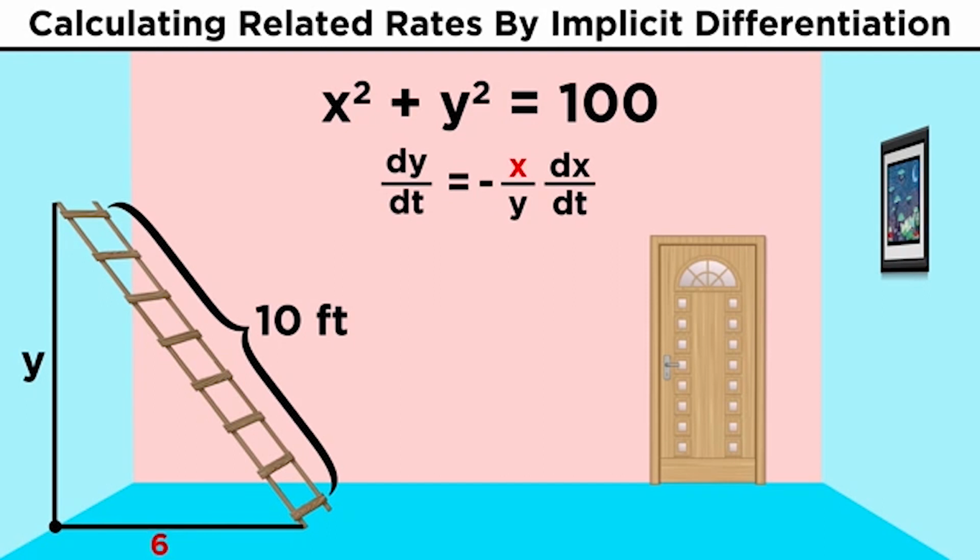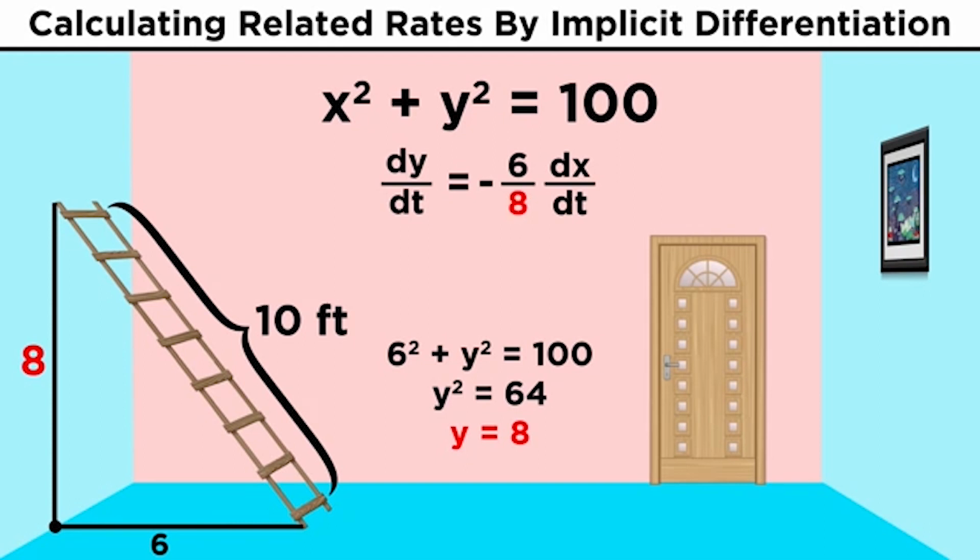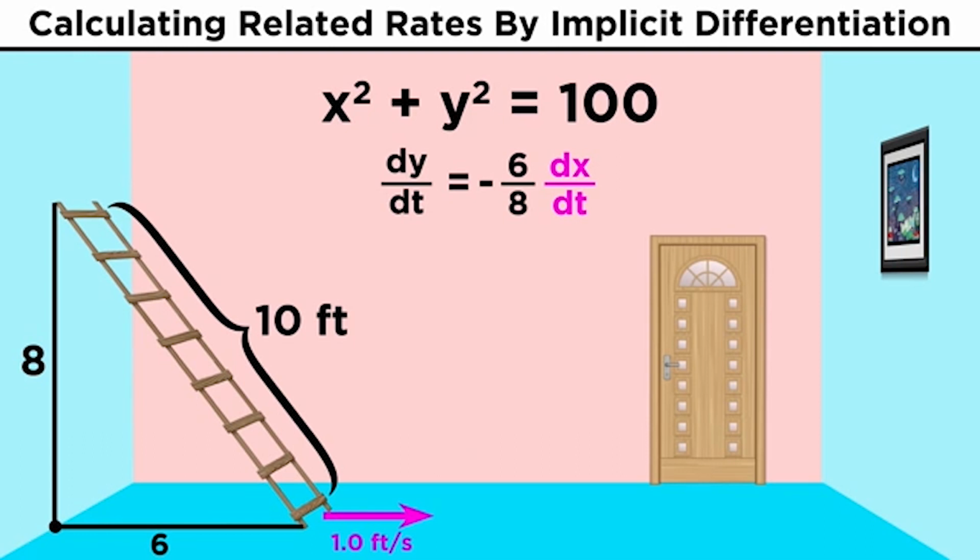We are asking about dy over dt when the ladder is 6 feet away from the wall. That means x must be 6. Then, by the Pythagorean theorem, we can solve for y at that instant, and that must be 8. We can also plug in dx over dt because we said that the ladder was sliding away from the wall at 1 foot per second.